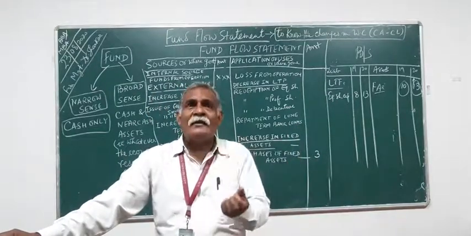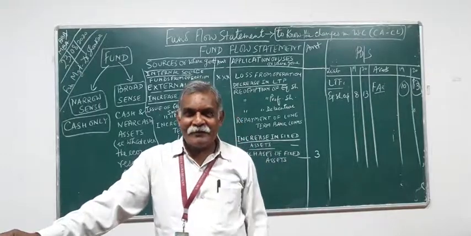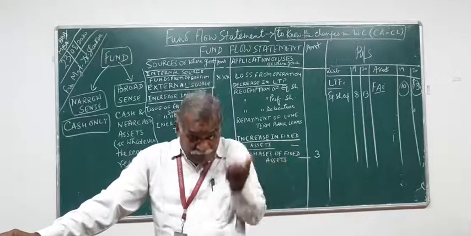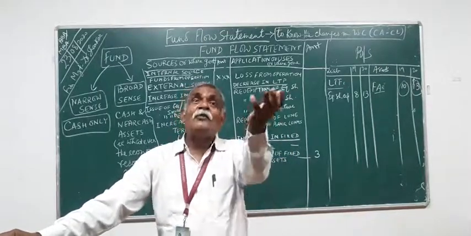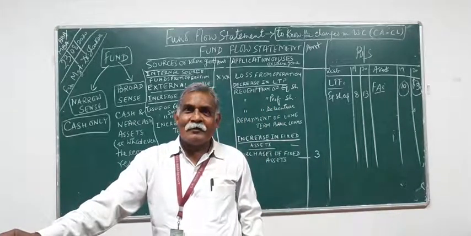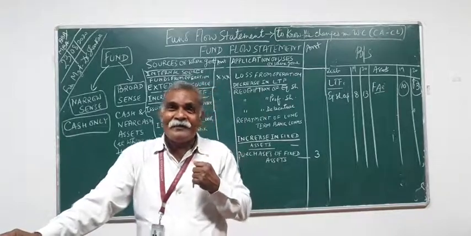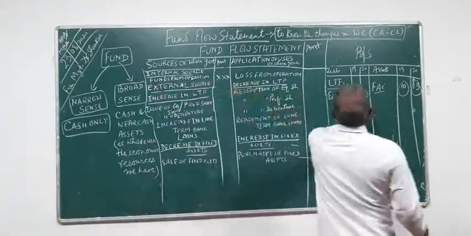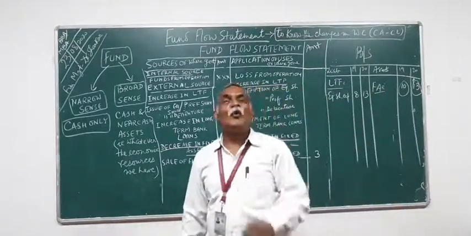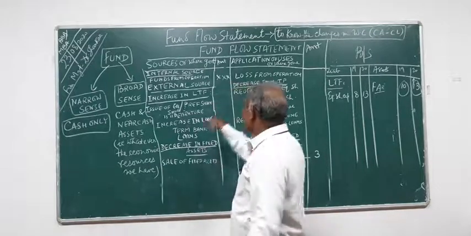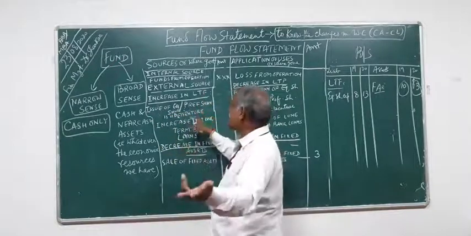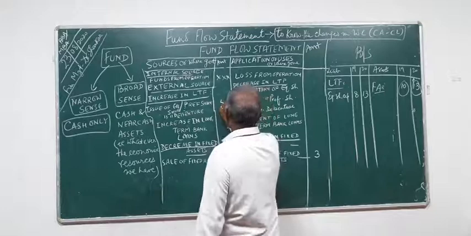So there is a need of fund, so I have issued new shares. When you issue new shares, you will get the cash, because the person who invests will give you cash. So that becomes your source. So there is an increase of long-term fund, and an increase of long-term fund will become a source. So the increase in long-term fund, that is issue of equity shares or preference shares or debentures, is 5 rupees.